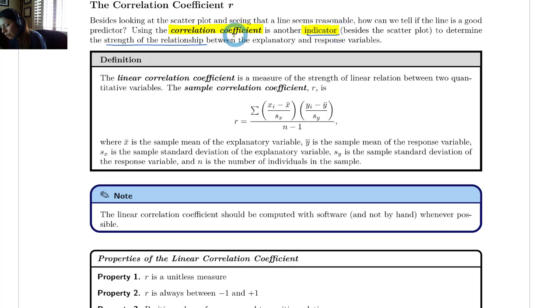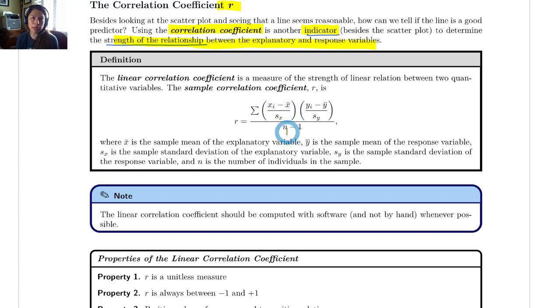So the correlation coefficient R is just an indicator to determine the strength of the relationship between the explanatory and response variable. The linear correlation coefficient is given by this formula here, which is crazy. And so you can see why we use technology, because we would have to find the average of our x's, average of our y's, subtract it from observed, divide by the respective standard deviation, multiply them, then add them all up, and then divide by n minus 1.